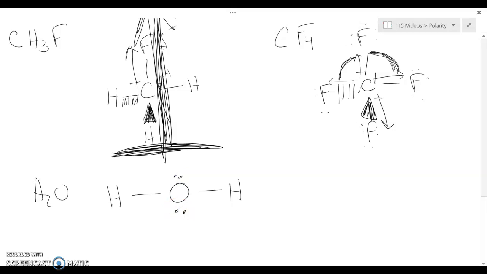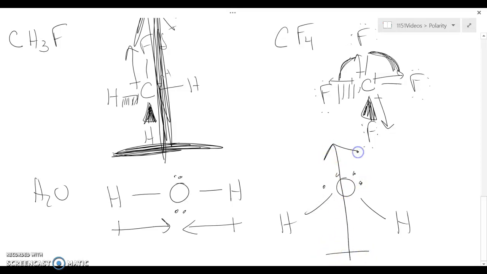If you're like, oh, it's a linear geometry, I have poles in, we cancel out, nonpolar. But remember, water is bent, so the overall charge, I'm running out of time, the overall is going to be positive down here, the entire molecule. How did I solve that? I did the individual bonds, okay? Thank you, and hopefully that helps.